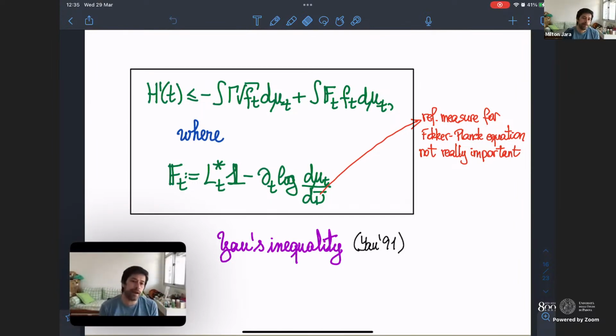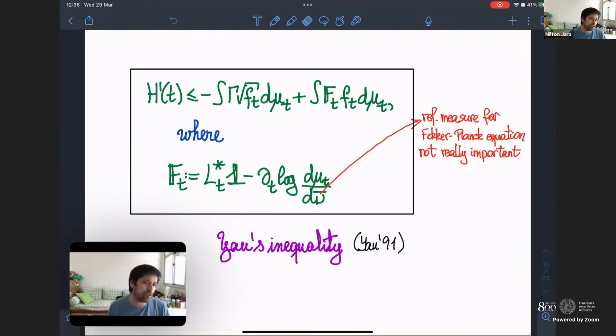It turns out that the Gauss inequality is very satisfying because it tells you that the derivative of the relative entropy is bounded by two terms. One is negative, and looks like an energy because it involves this carré du champ. Remember that this carré du champ was a quadratic positive definite form. So it comes in with a negative sign, and you can think of it a little bit like an energy, at least in terms of functional inequalities. And there is a second term, which is an entropy production term. Entropy is decreasing for a Markov chain, but only if you use the right reference measure. If you use the invariant measure as a reference measure, the entropy is decreasing.